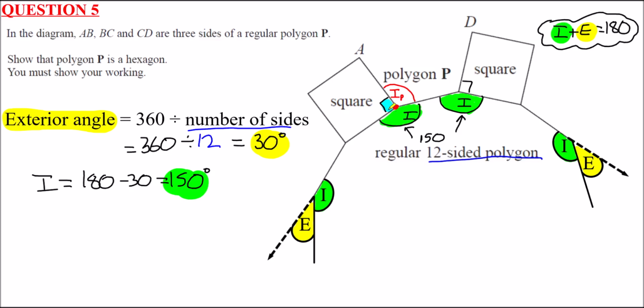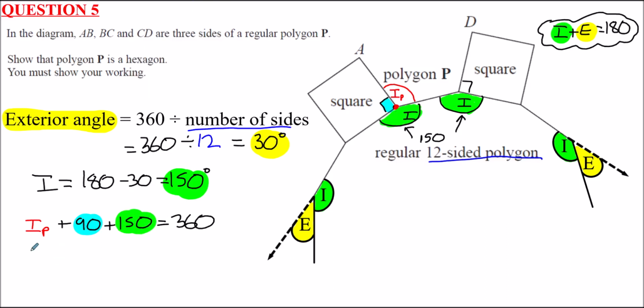So using that angle fact, we can say that the interior angle of polygon P, IP, plus the right angle of the square, which is 90 degrees, plus the interior angle of a 12-sided polygon, which is 150, those three angles are all the way around a point, so they need to add up to 360. Just to recap where these angles have come from: 90 degrees because of the square, 150 degrees because of the internal angle of the 12-sided shape.